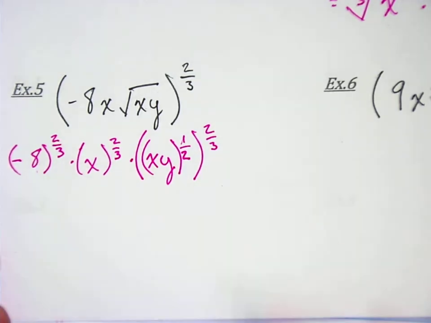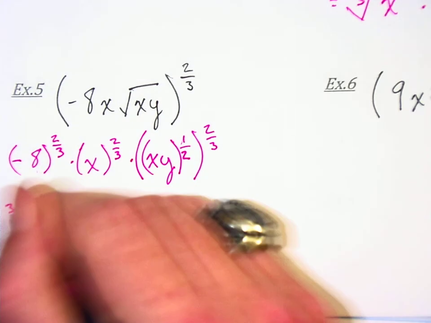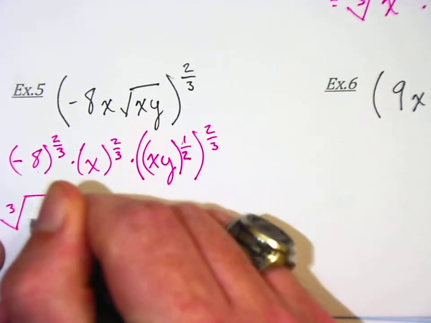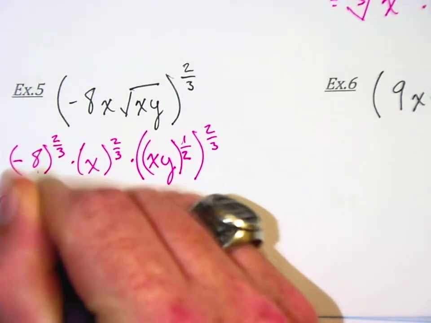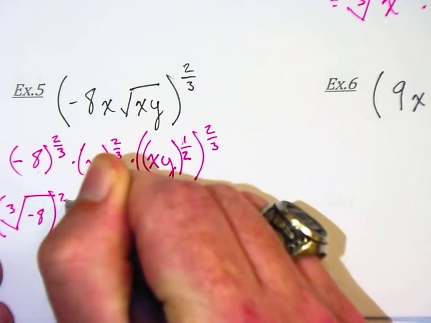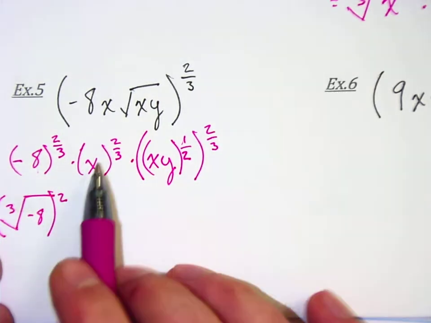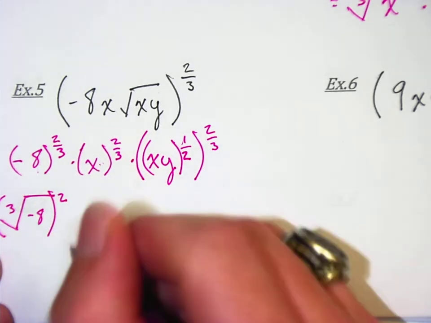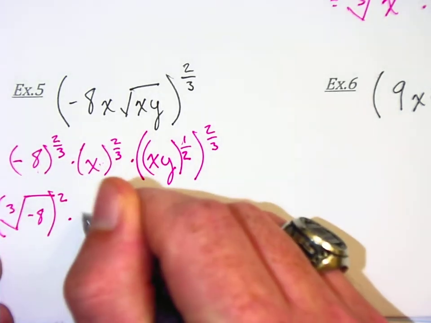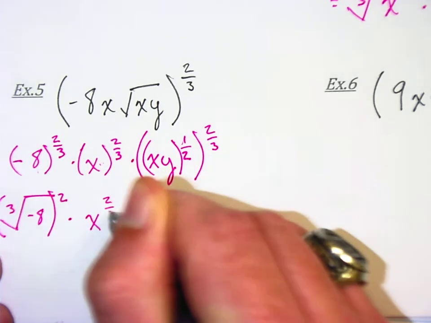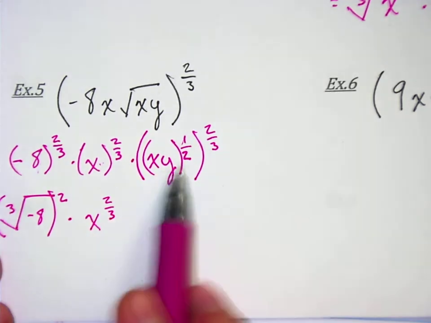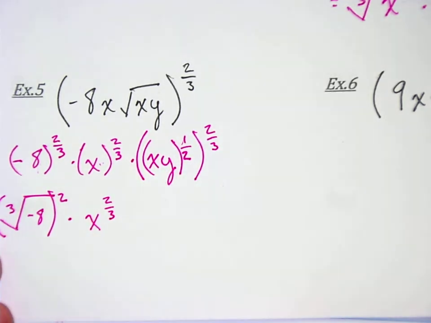So here I'm going to rewrite this as the cubed root of -8 squared. I'm going to leave that alone for now until I see what's happening over here.